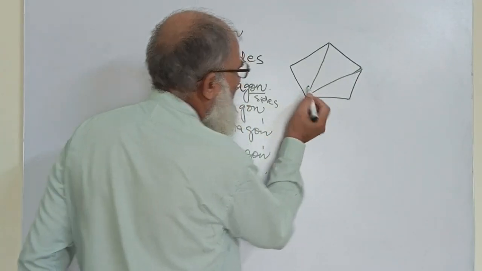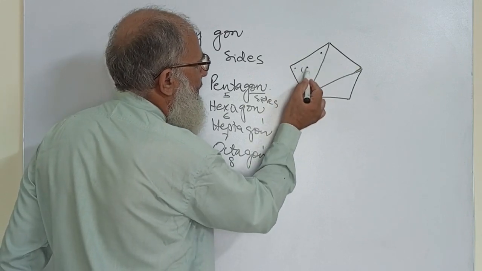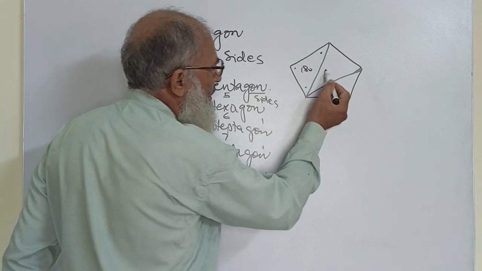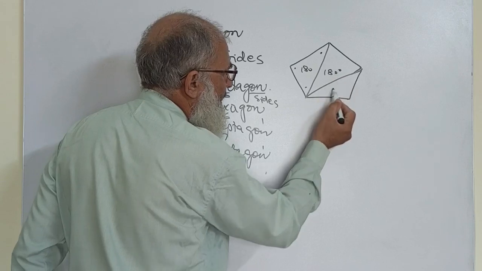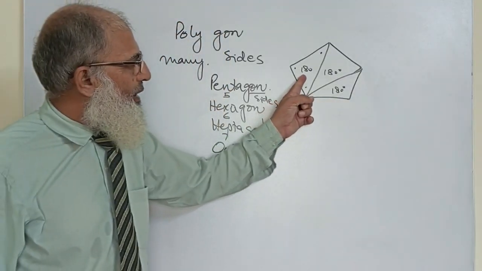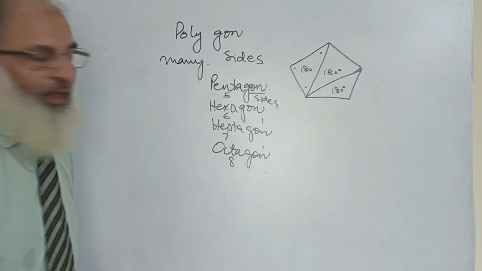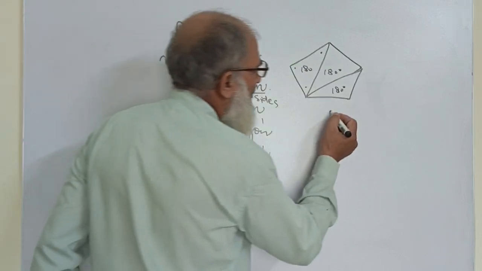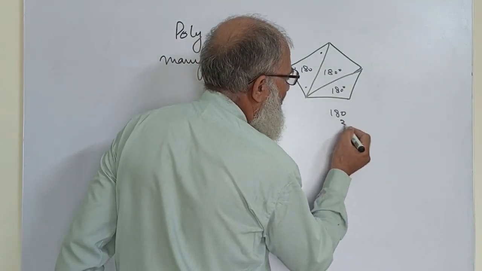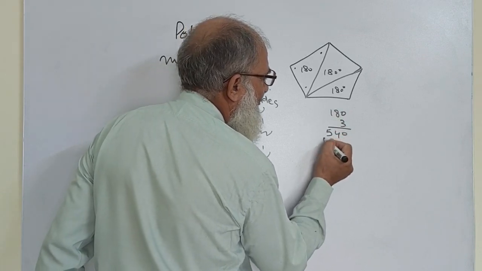Now it means that the internal angles of this triangle are 180 degrees, of this triangle are 180 degrees, of this triangle are 180 degrees. Now what does it mean? 180 multiplied by 3 gives us 540.